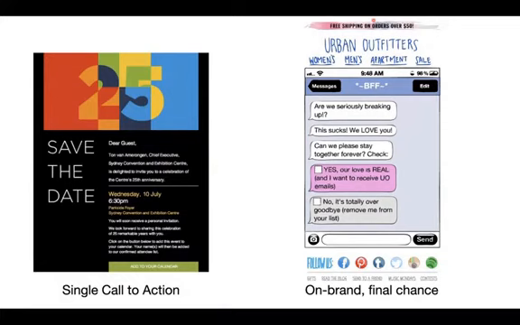This is very much knowing the style and the tone of voice of the brand and knowing the style and the tone of voice of the person who's unsubscribing. The little sort of messages that come through here is, are we seriously breaking up? This sucks. We love you. Can we please stay together forever? And then you get the choice. And of course, then it's like, oh, go on then. All right, I'll stay. It just has that one final chance of not losing them.